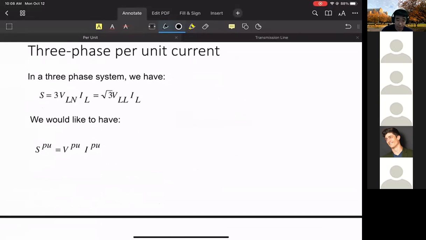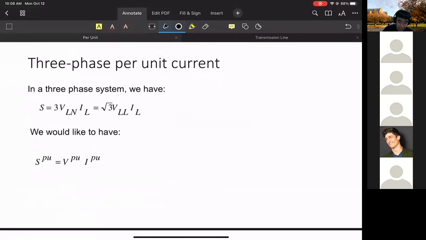Let's look at what happened to the per unit current. We make this choice, and what we want is for this equation to still hold. We still want power to be the voltage per unit times the current per unit. So let's see what this implies.